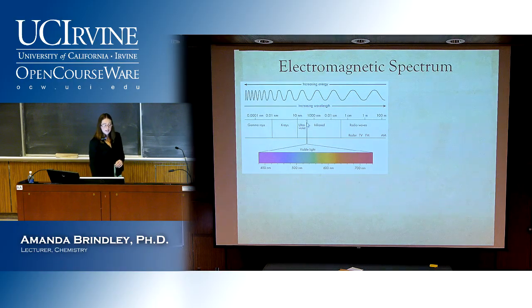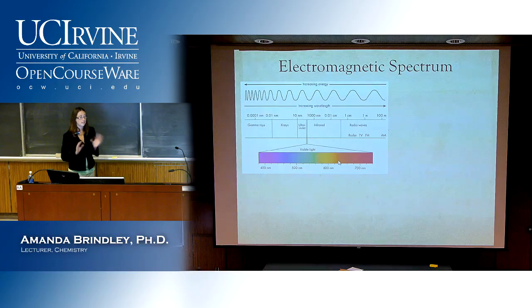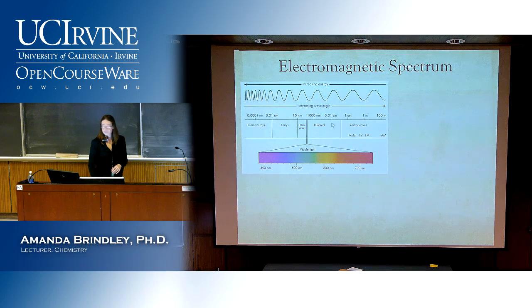This little section right here is blown up so that you can see it, because that's the visible wavelength, and that's special to us because we can see it. What you'll see here is that you have your radio waves, your infrared, which is heat, then your visible, and then your ultraviolet, X-rays, and gamma rays.